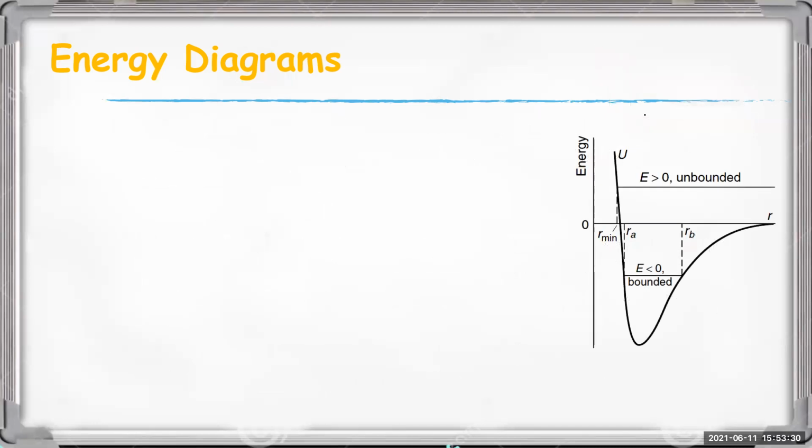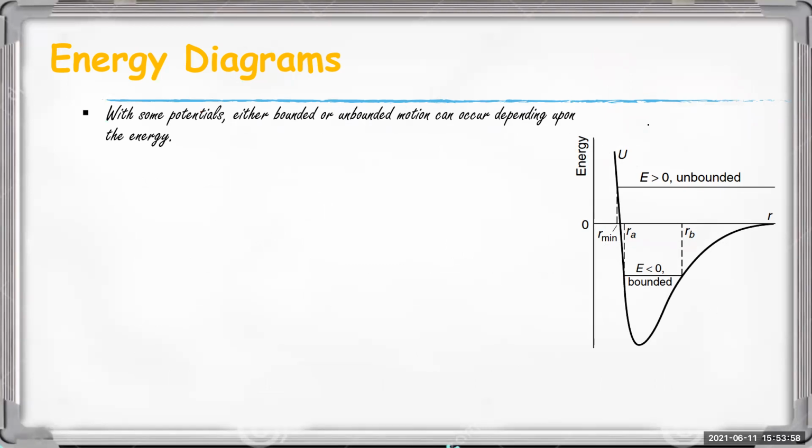Next, we consider the potential energy diagram for two atoms. It is the energy diagram corresponding to two atoms. Here is an example of either bounded or unbounded motion, depending on the energy.